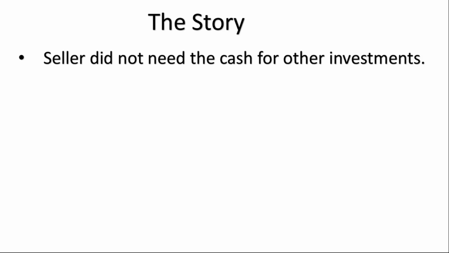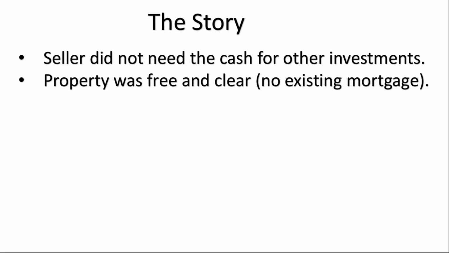So what we discovered is that the seller did not need cash for other investments. The property was actually free and clear, and this is extremely important to know because if, for example, you're buying a $300,000 or let's say a $400,000 property, and there is a $320,000 mortgage registered against it, then the chances of you getting a vendor take back of 80% loan to value is slim to none, because there's no equity there to lend back to you.